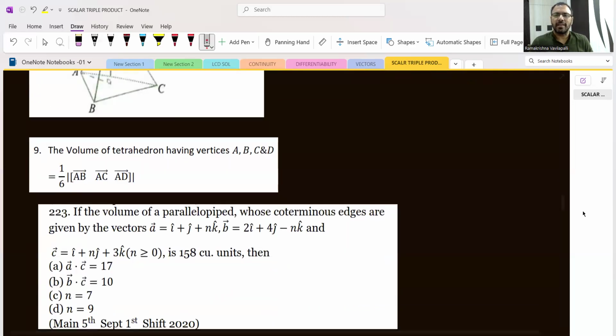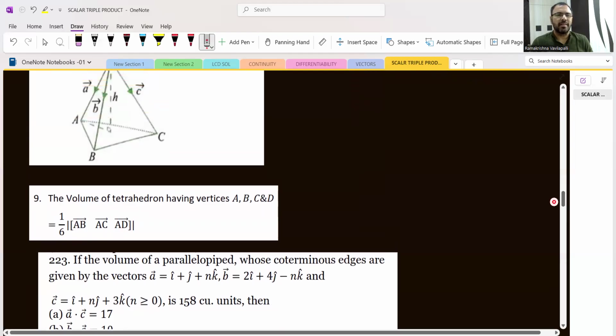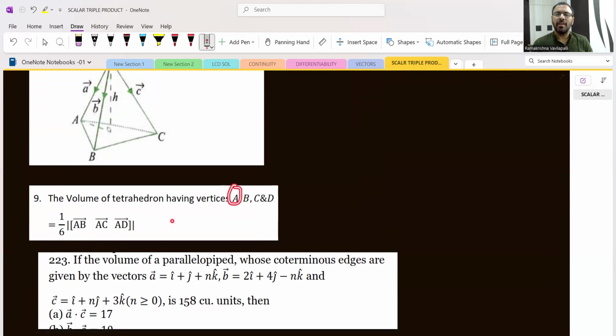Suppose 4 points are given, A, B, C, D. You have to fix A. Then the volume of the tetrahedron is equal to 1 by 6 into box of AB bar, AC bar, AD bar.